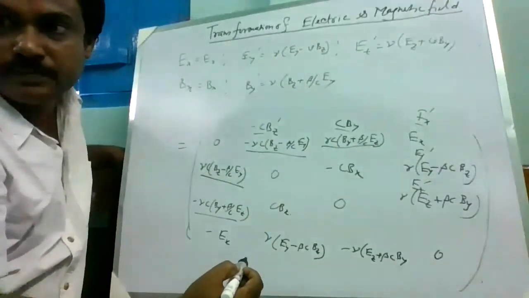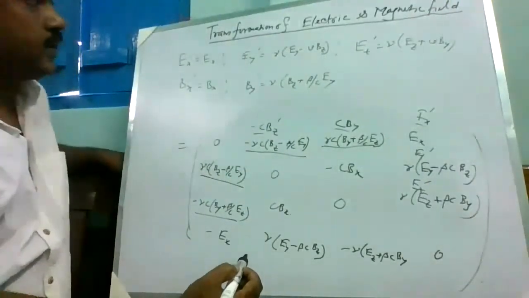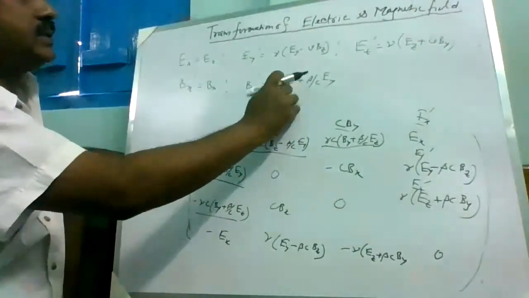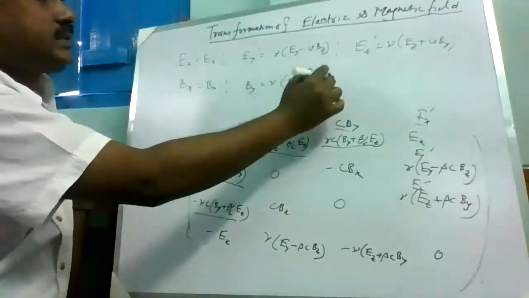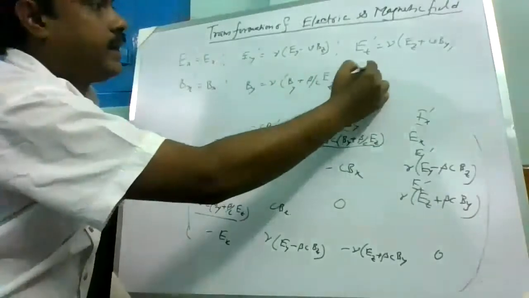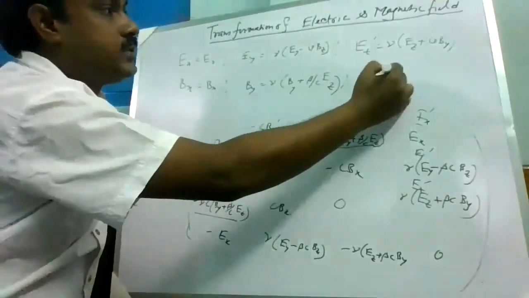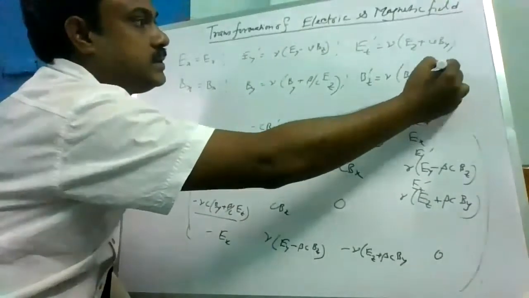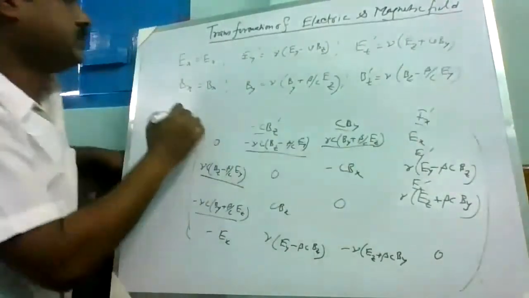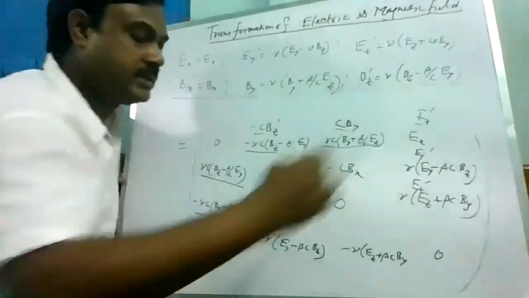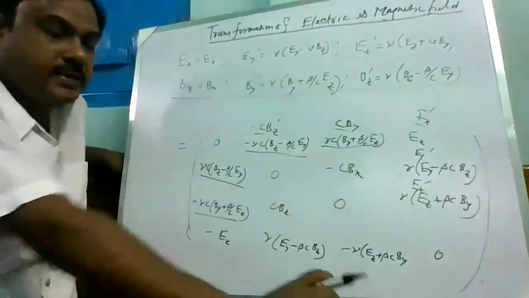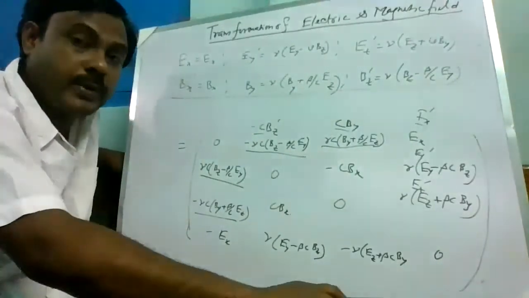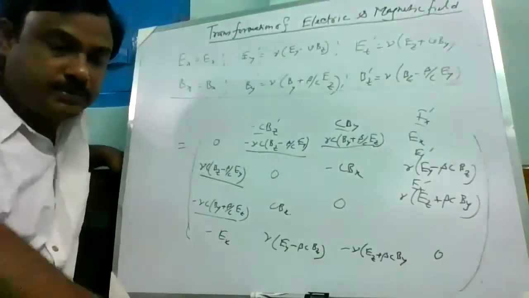Beta by c, I'm sorry, dy equals b, this will be ez, and dz dash will be equal to gamma dz dash minus beta by c ey. So these are the transformed quantities, electric and magnetic field transformed quantities under Lorentz transformation.